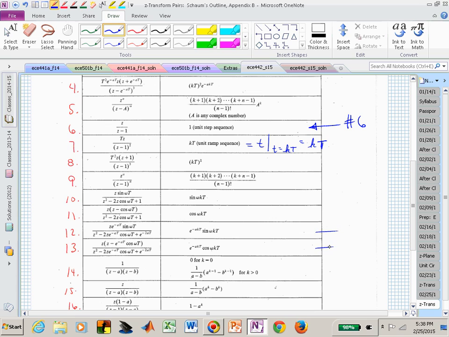an exponentially damped sine and cosine. If you had to plot poles and zeros in the S-plane associated with exponentially damped sines and cosines, where would those appear in the S-plane? Can you visualize where your poles are for an exponentially damped cosine, which is, let's say, row number 13 in this table?